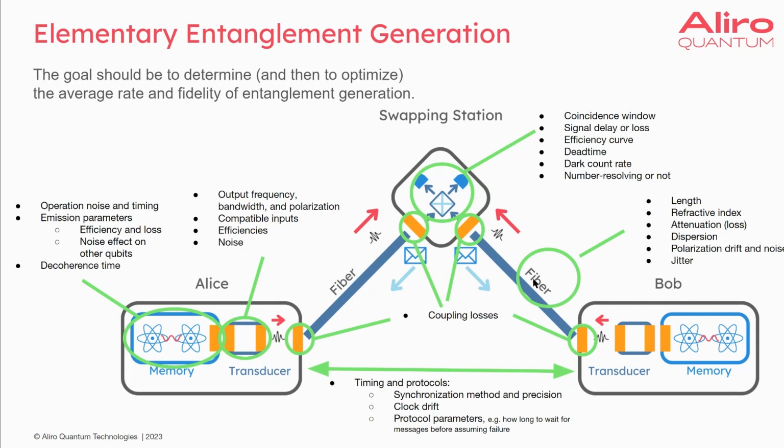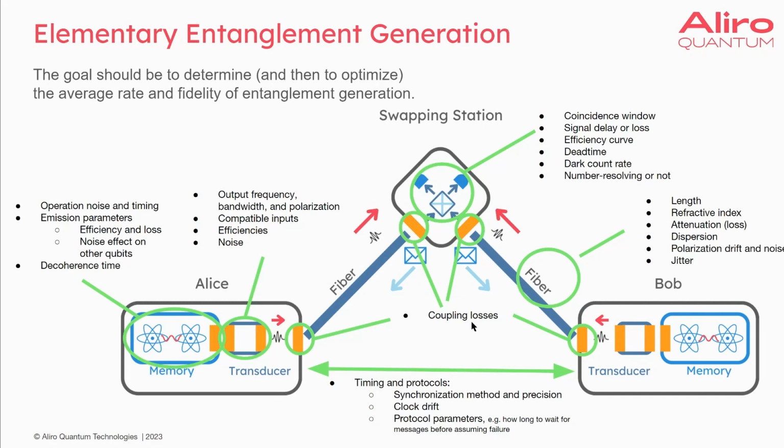Of course, all of the fiber parameters and everything that I talked about there, as well as all the parameters that we have in the swapping station itself and between the beam splitter and the detectors. And also there's in general going to be some amount of loss when we're coupling these nodes and the station to this fiber.